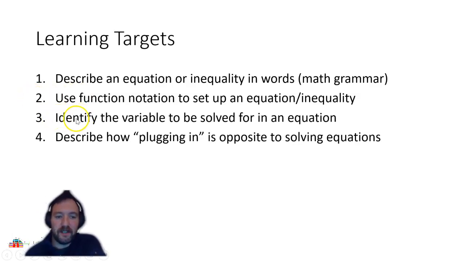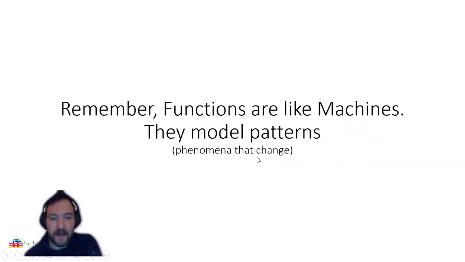In particular, it'll help us with bullet point 3, identifying the variable to be solved for. And this final comment is a high level idea, but being able to plug in that skill we've learned with functions is the opposite, or complementary, process to solving equations. We'll see what I mean by that in a moment.